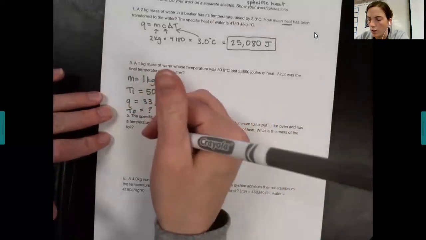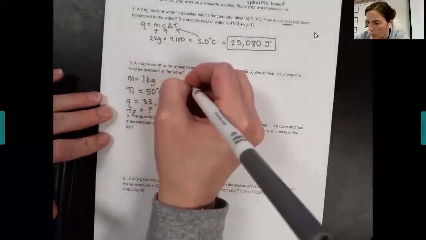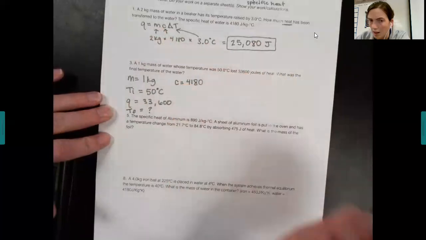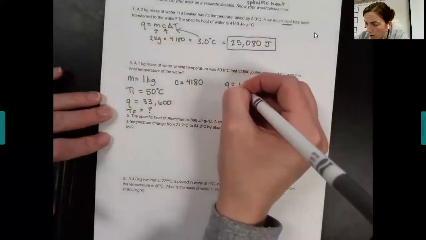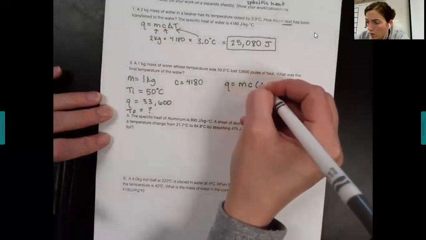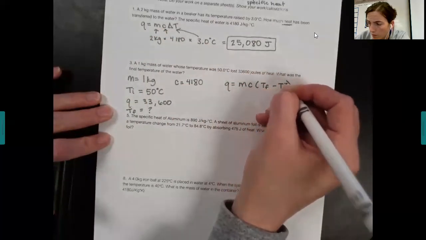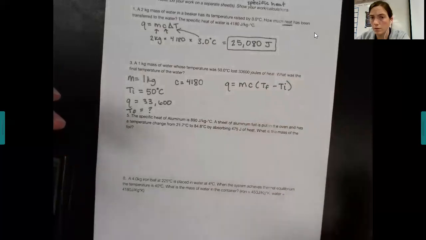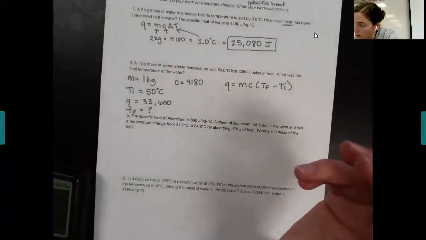Okay, so the only thing it doesn't have here is the specific heat, which is given to us in this first problem. For water, it's still the same, it doesn't change. So if we do Q equals MCAT, but instead of doing the delta T part, I'm going to do the final temperature minus the initial temperature. Okay, now I'm going to plug in my numbers, and then we'll go from there. All right, let's see.